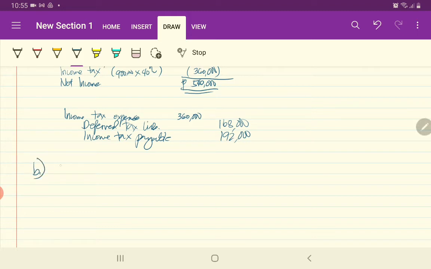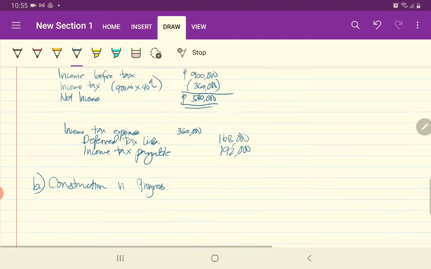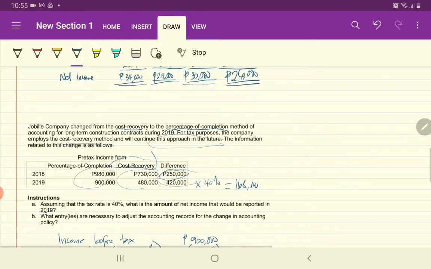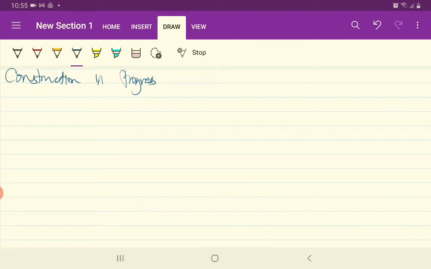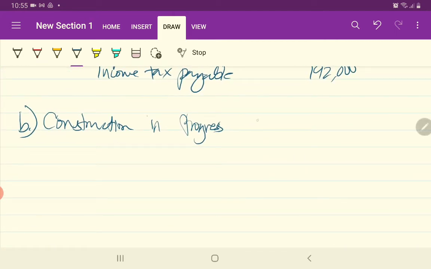So for letter B, your entry would be a debit to construction in progress, amounting to 250,000. And then, syempre, kay pabilin man ta sa cost recovery method, so naay deferred tax liability, tungod kay nag-change ta og method.